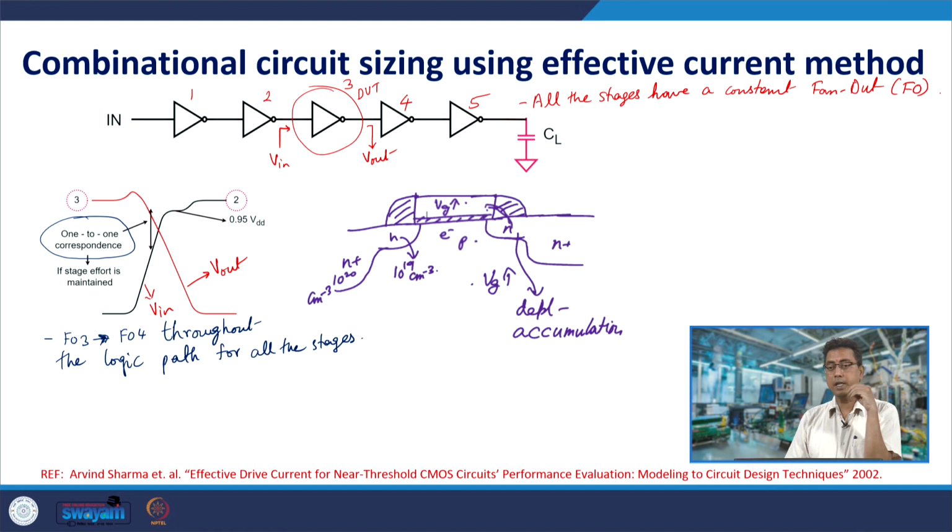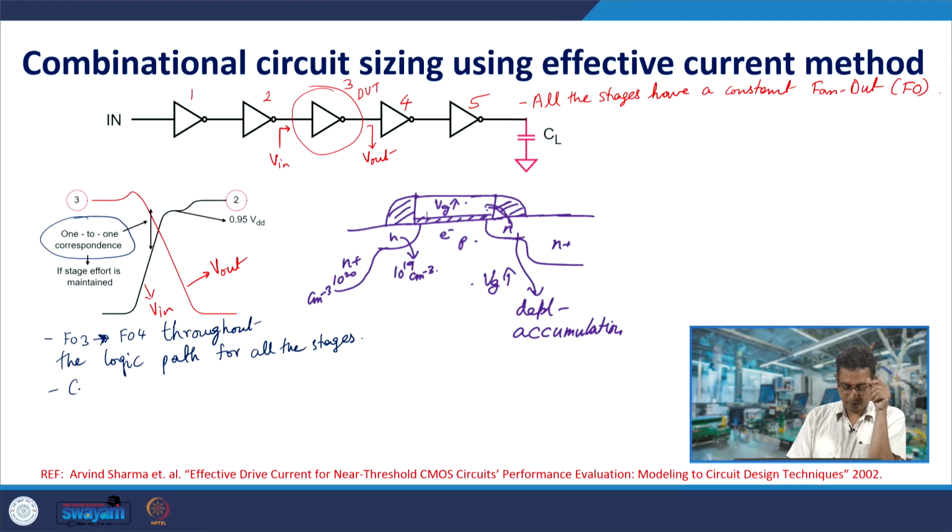Since it has been increased for all the stages, we would find a similar change in the current drive to capacitance ratio. The capacitance to current drive ratio remains equal for all the stages.